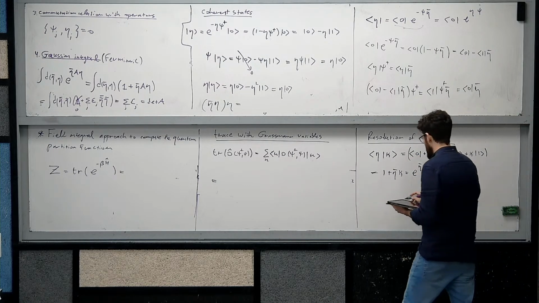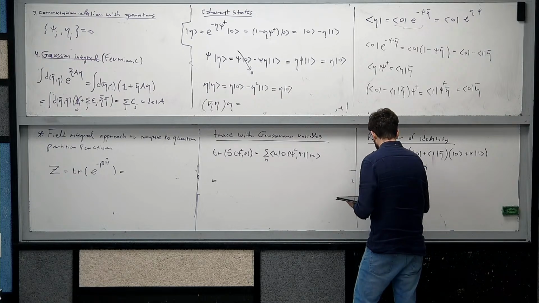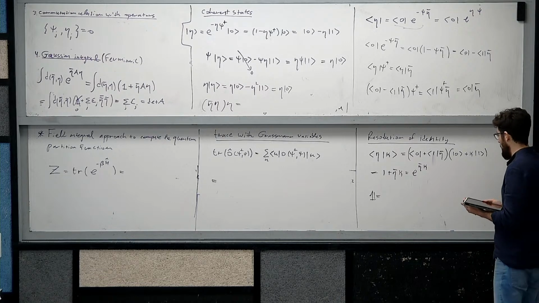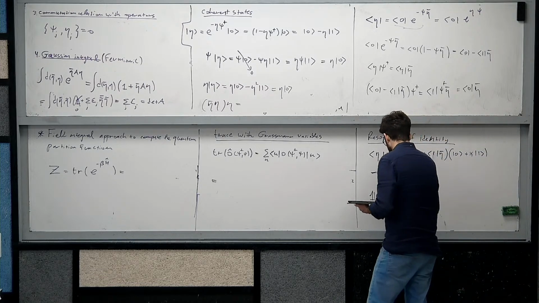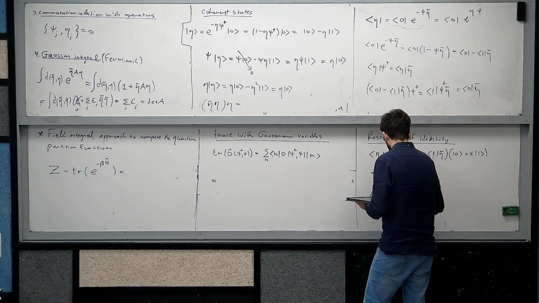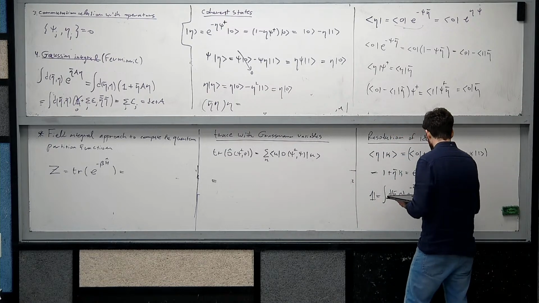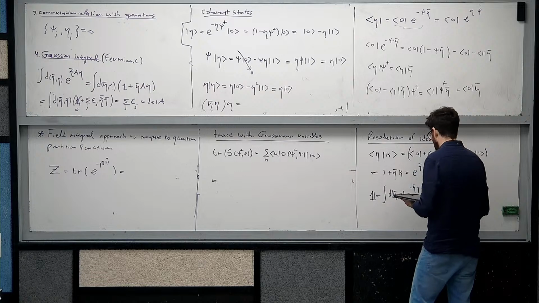Okay, so that means that we can define a resolution of identity. So again, we have an overlap which looks exactly like before. Okay, so we can define this as an integral d eta bar d eta e to the minus eta bar eta, eta eta bar as before.